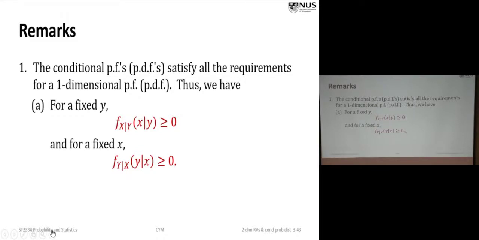Now, here is something special about this conditional distribution. From the distribution point of view, the conditional distribution is a distribution for random variable y. Oh, sorry, for x. This is the random variable we are talking about. Now, how about the y? The y is already fixed. It's not a random variable.